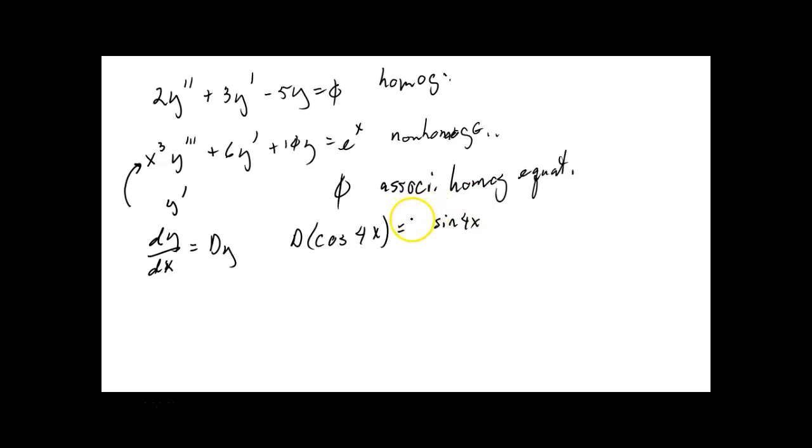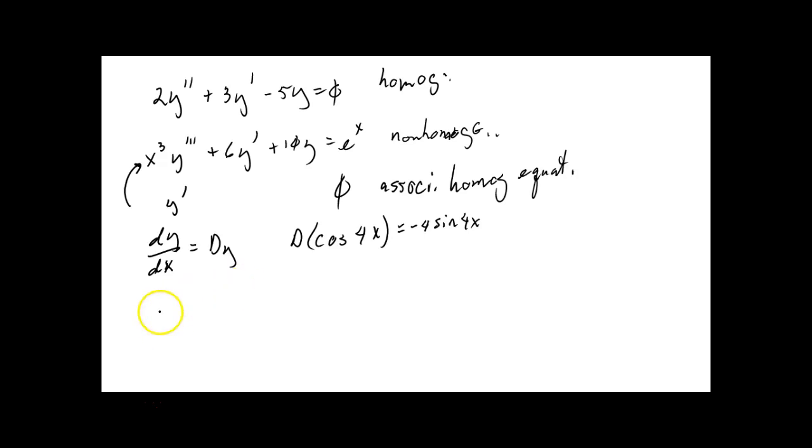Derivative. 4 in front. Negative. Okay. Negative 4 sine 4x. Okay? Because the derivative of cosine 4x is negative 4 times the sine of 4x. Very good. Just to get an idea, yeah, it's stuff you've already done before.